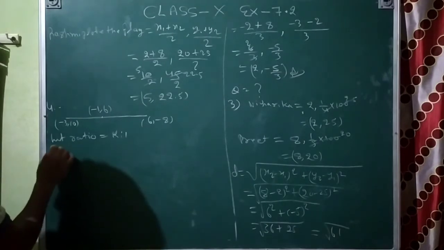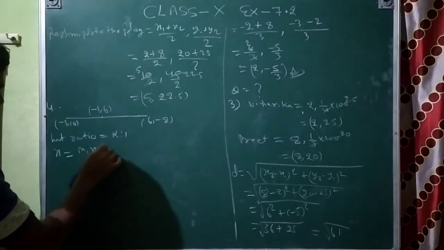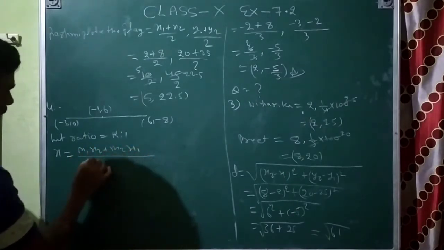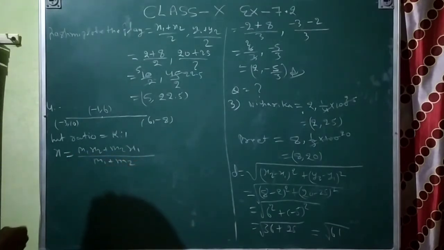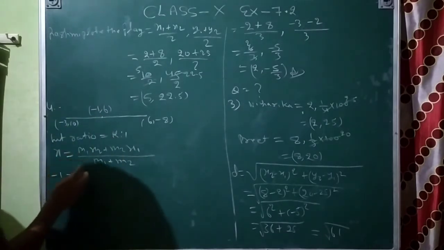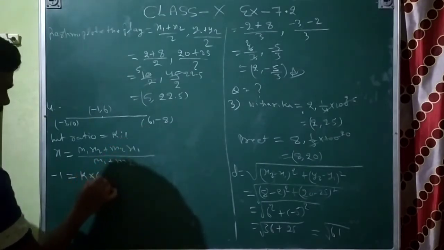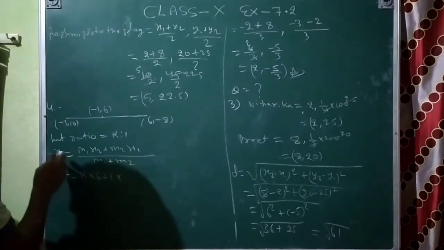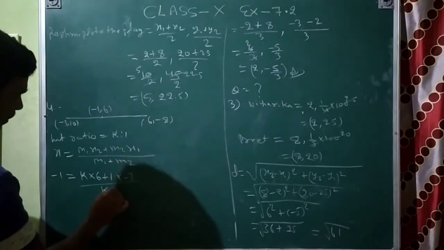So x is equal to (m1 x2 + m2 x1) upon (m1 + m2). Here x is -1, so -1 is equal to m1 which is k, multiplied by x2 which is 6, plus m2 which is 1, multiplied by x1 which is -3, upon k + 1.